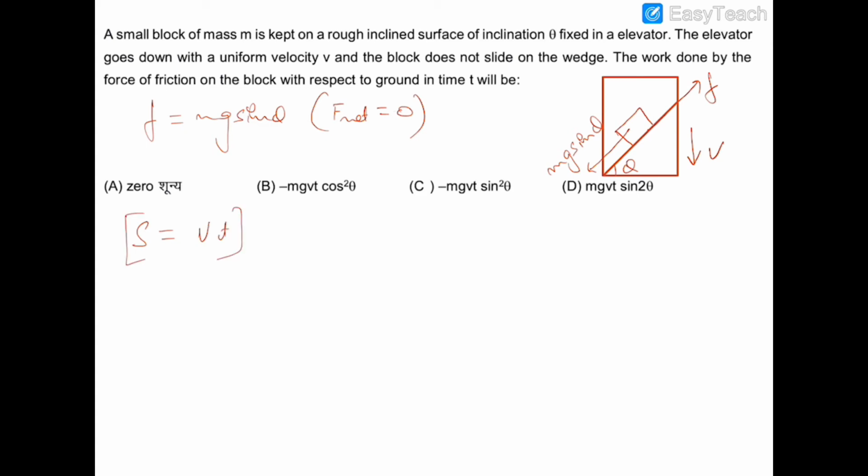Now we need to find out the work done. So to calculate the work done, I can see that the friction force is acting like that, and the velocity is in this direction, and the angle between these two, I can draw the angle.